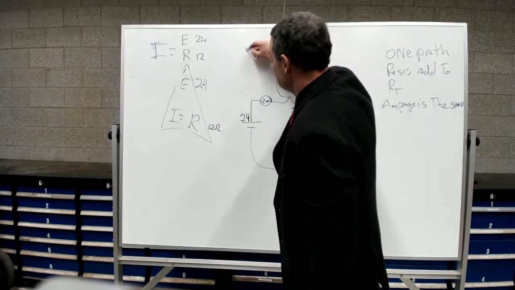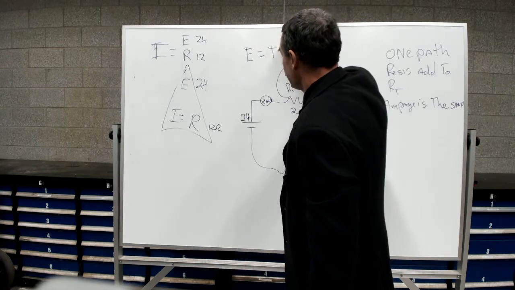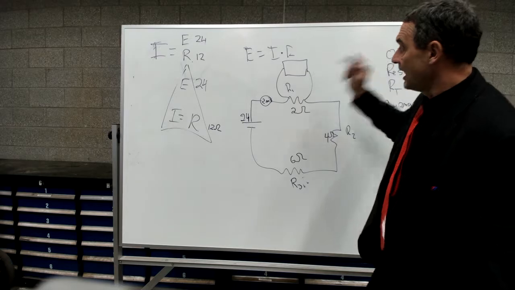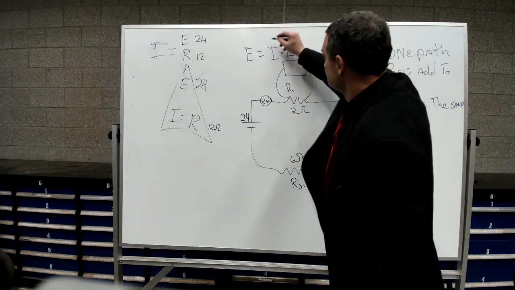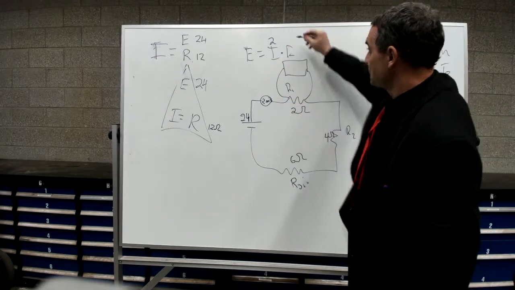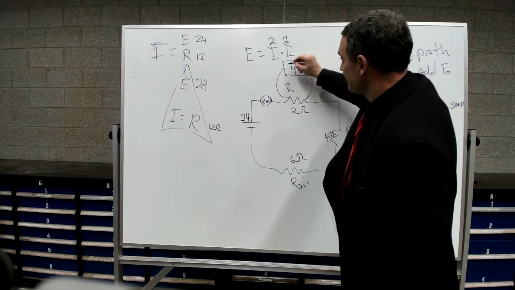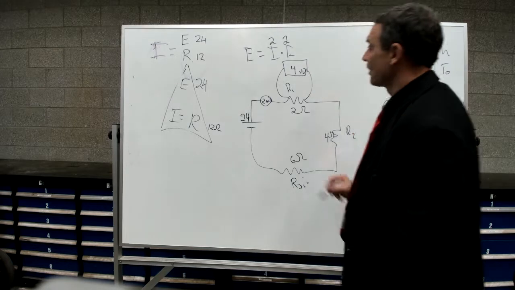So E equals IR. Do we have that information? I is 2. R is 2. The answer, 2 times 2, voltage drop here is 4.